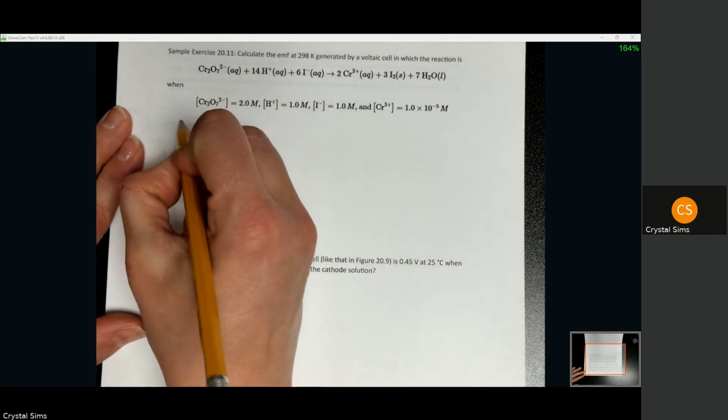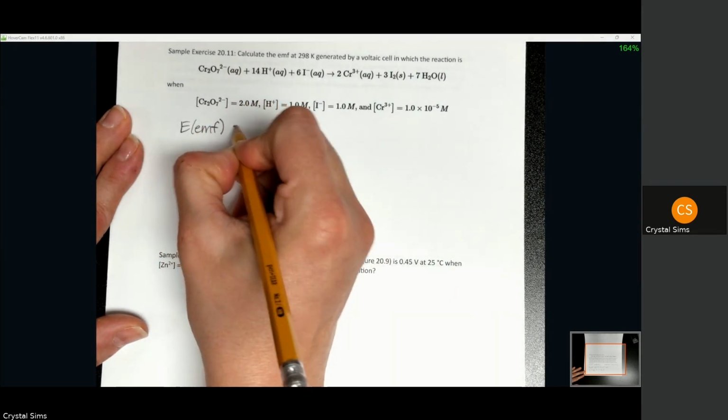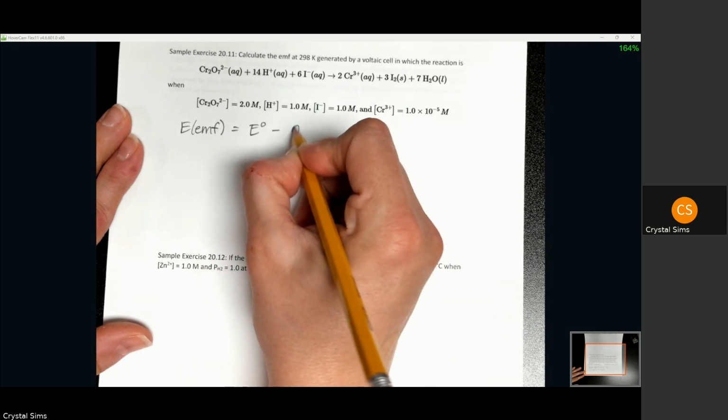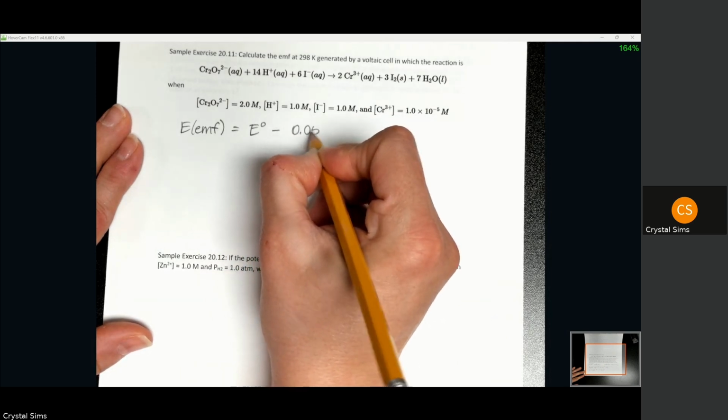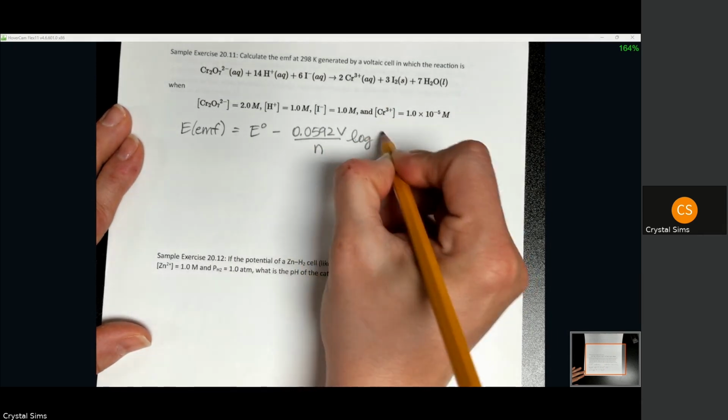And page 880 in your book goes through this entire process of how we extract the Nernst equation. But it is E, which is the same as EMF, okay? And that is equal to our standard potential minus 0.0592 volts over N log Q.